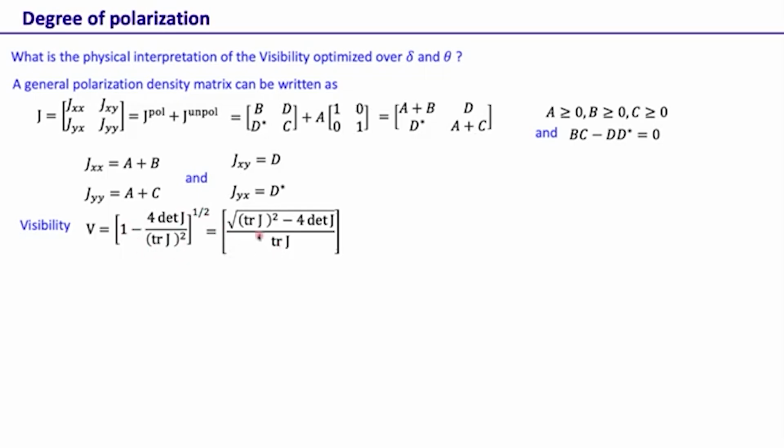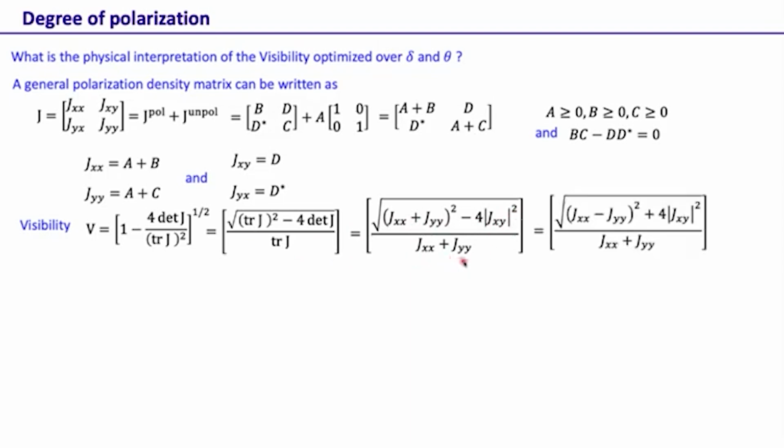Just rewriting it as square root of trace J square minus 4 determinant J, and bring the square root, divided by trace J. This we can then write as Jxx plus Jyy whole square minus 4 Jxy square, divided by Jxx plus Jyy, simple math. This Jxx plus Jyy whole square, we can just open up and write it as Jxx minus Jyy square, and then this becomes plus 4 Jxy square.